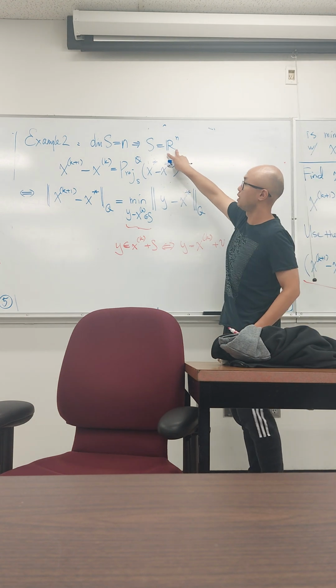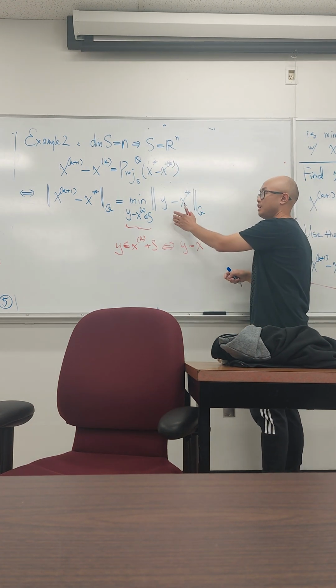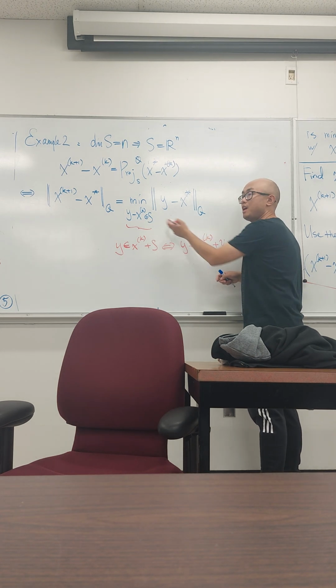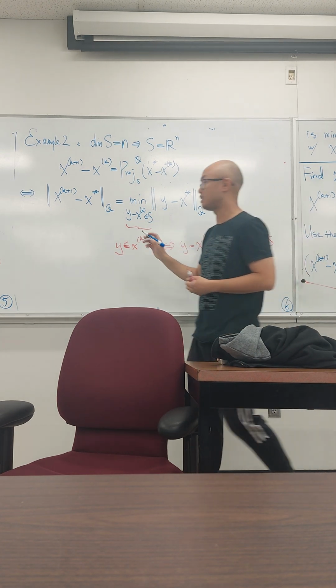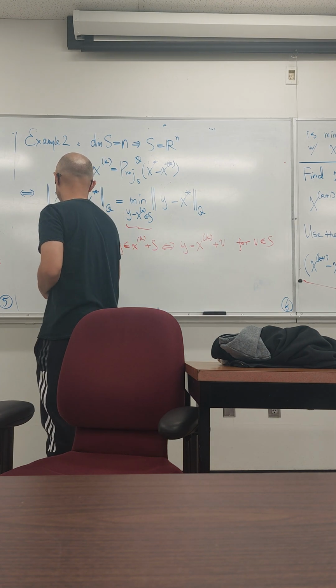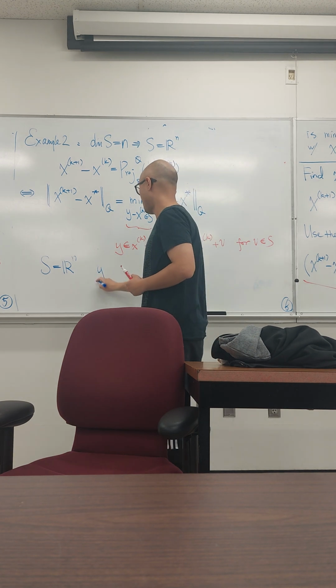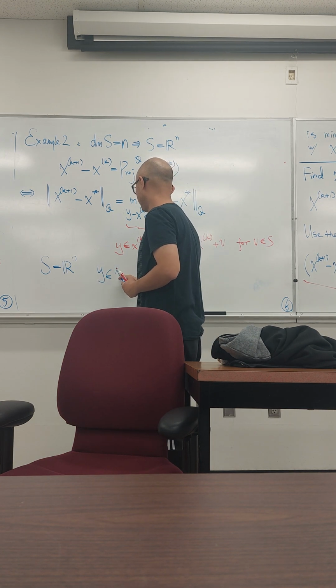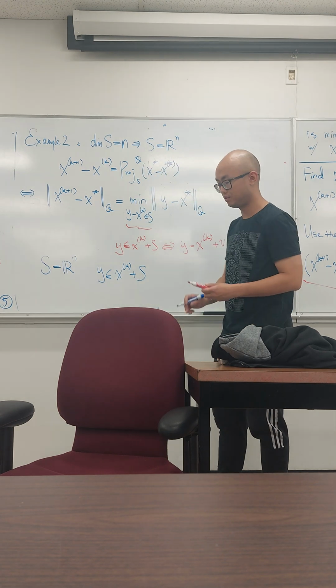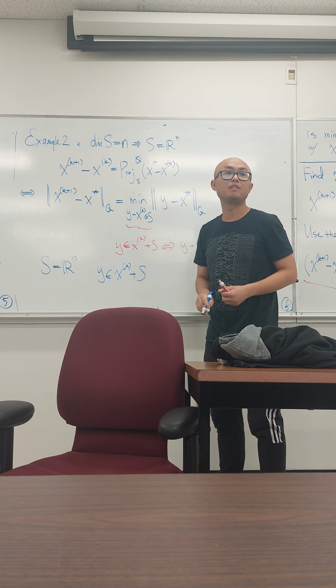So S is Rn. Then y is in xk plus S. We add a vector to Rn, and we still get Rn.